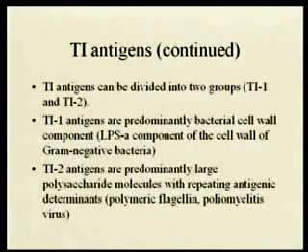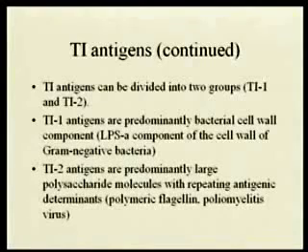And when you look at T-independent antigens, they can be divided into two groups, the TI1 and the TI2. TI1 are predominantly bacterial cell wall components. So if you have a large infection with a bacteria, these B cells may be quickly activated. The TI2 antigens are predominantly large polysaccharide molecules with repeating antigenic determinants.